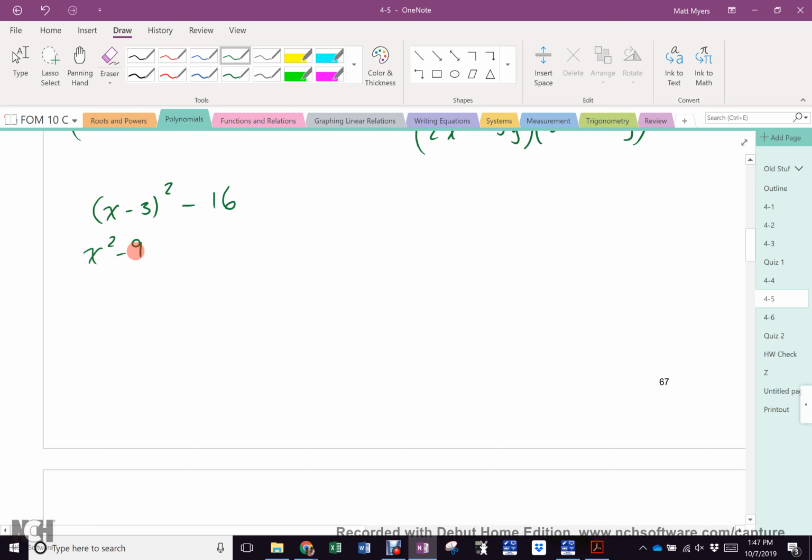And x squared minus 9 minus 16 becomes x squared minus 25, doesn't it? Yes. Which is a difference of squares. It would be x, what? Plus 5 and x minus 5. Easy peasy, right? Easy peasiest. Right? Yeah. Okay.